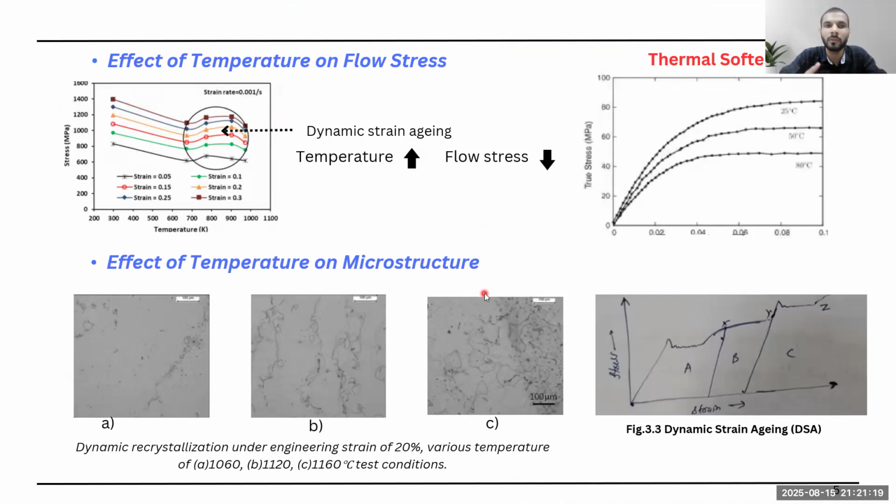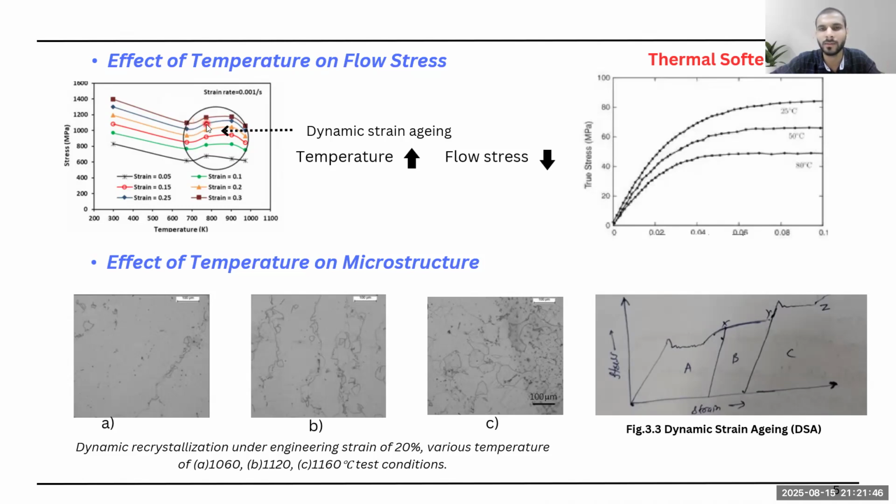Now we will see how temperature affects the flow stress value. As you can observe in this curve of stress with respect to temperature, as I am increasing the temperature, the flow stress value decreases. But in this region, you can observe a small hump.